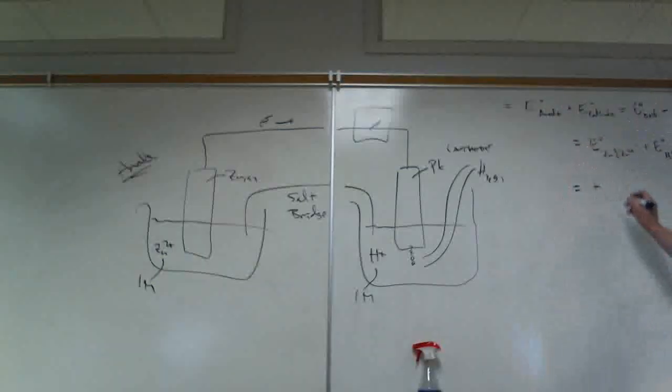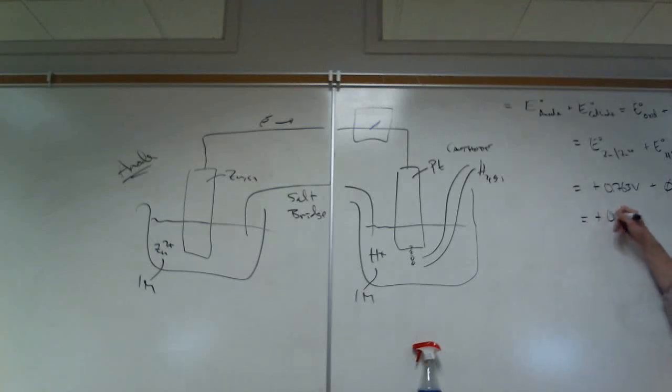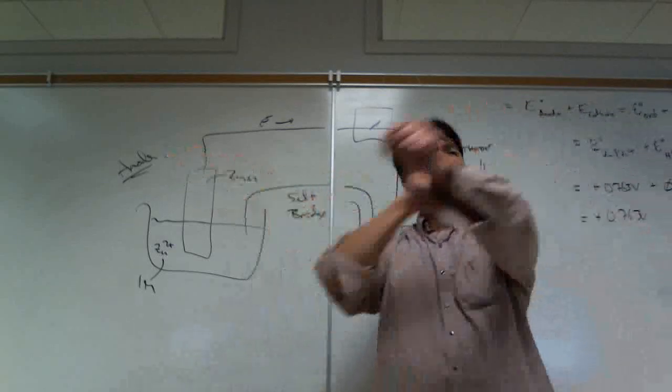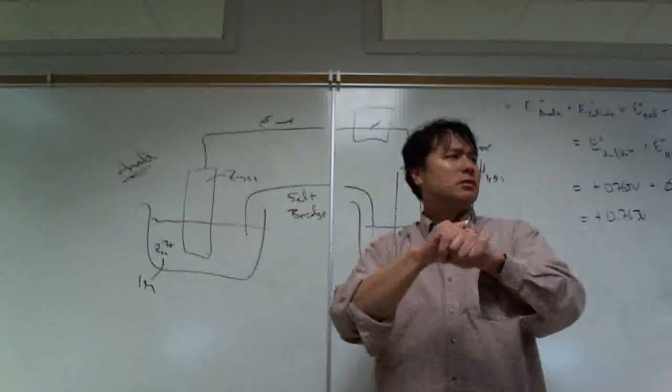And so this will be plus 0.763 volts. Yes. Now this one's as is, which is 0 volts. And so this comes out to plus 0.763 volts. And so do you see we just had the voltmeter on backwards? Does that make sense?